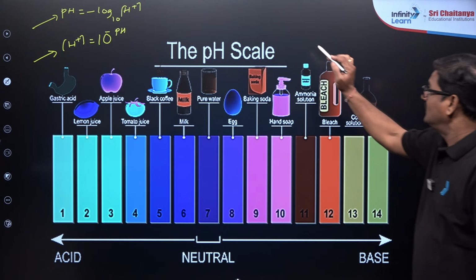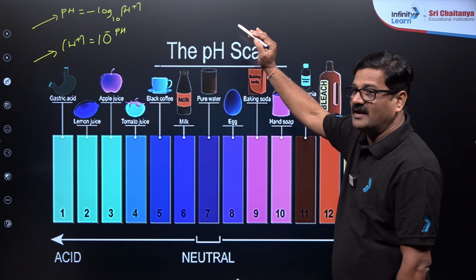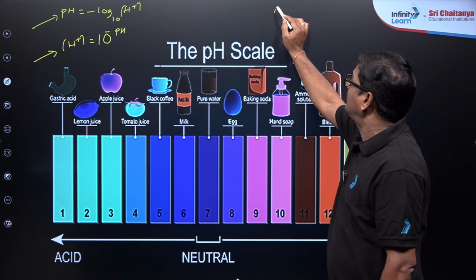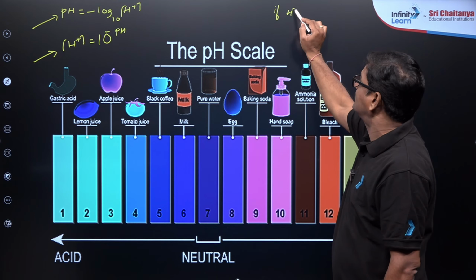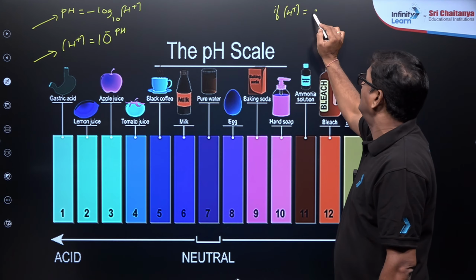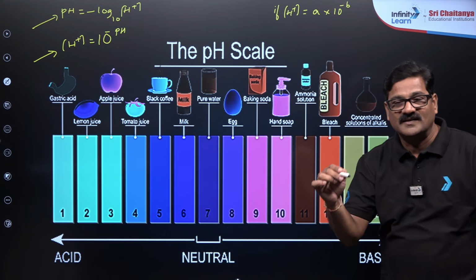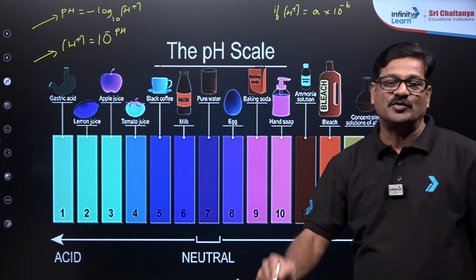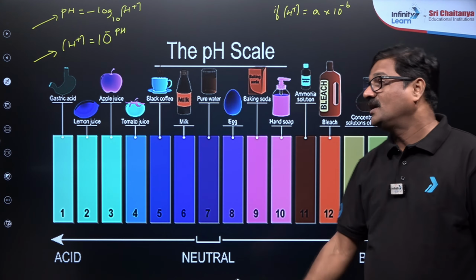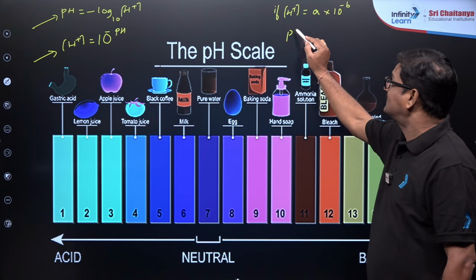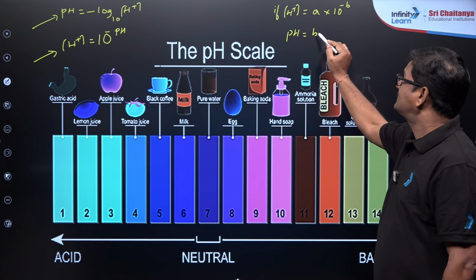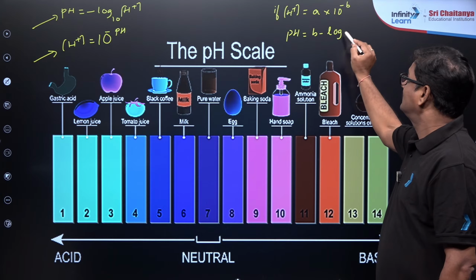My dear children, if you take any calculation, and the H plus ion concentration is A into 10 power minus B, make the H plus concentration in the A into 10 power minus B format, then pH I can directly write as B minus log A, that's it.